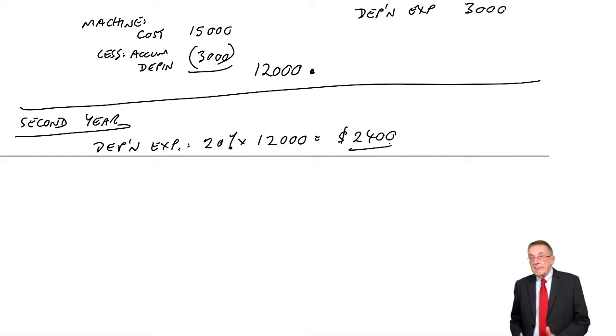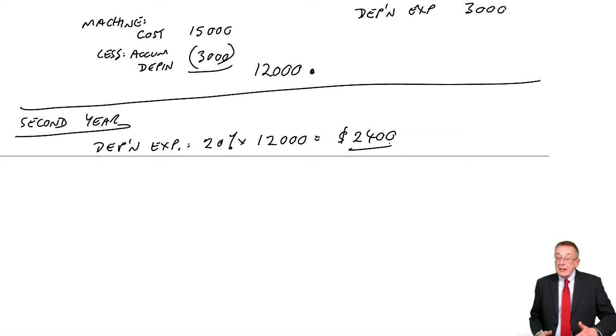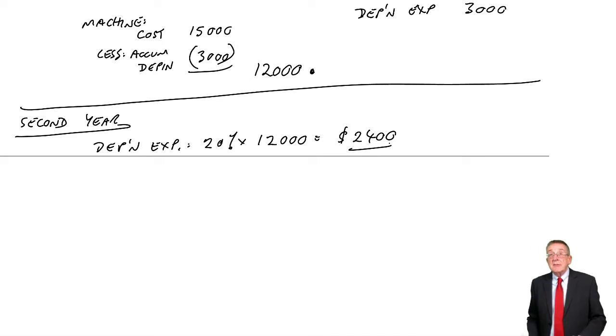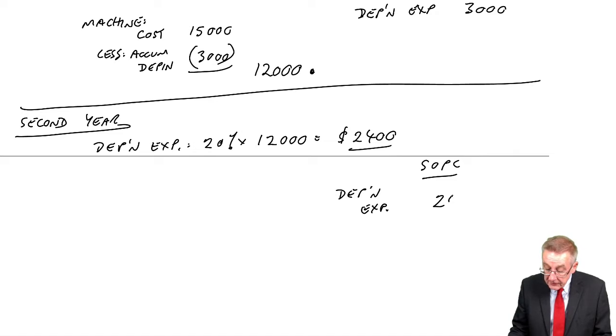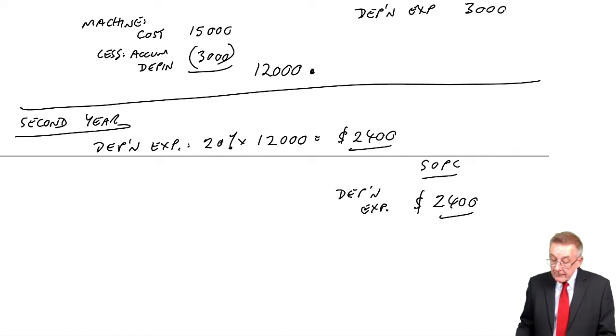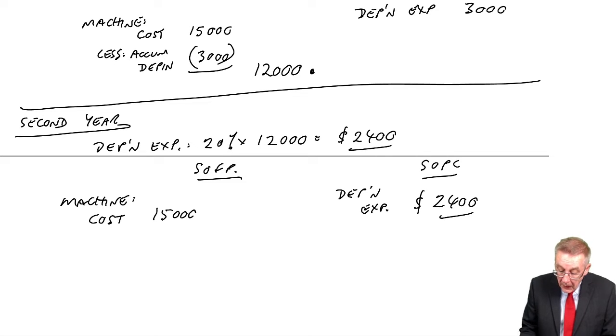Last year, we bought it for 15,000, we took 20% of 15. This year, because we reduced the value to 12, we take 20% of 12. And so on the statement of profit or loss, depreciation expense is 2,400. In the statement of financial position, the original cost was 15,000.